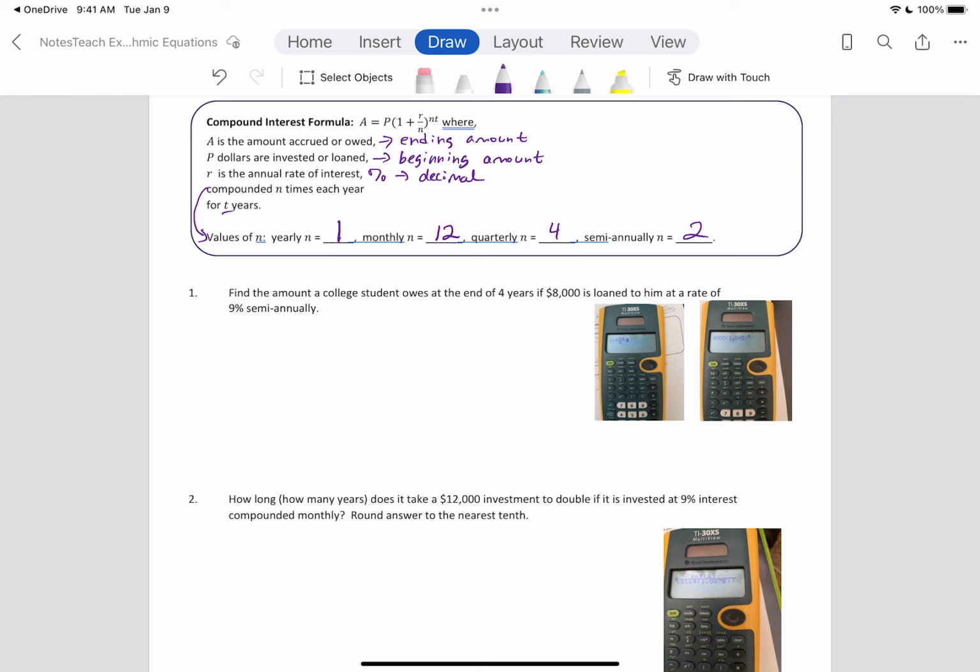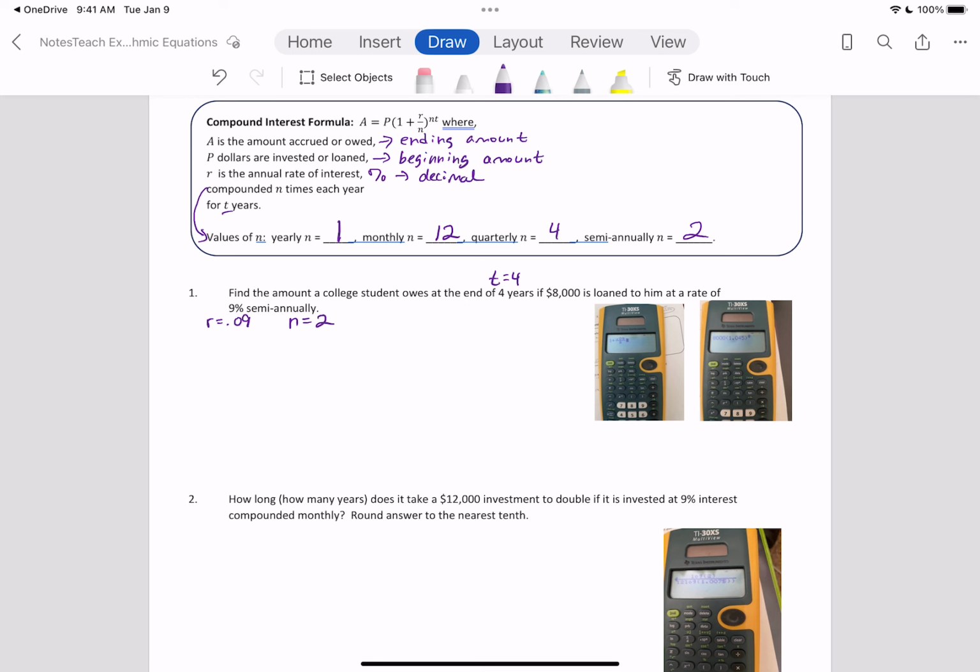So if we're going to find the amount a college student owes at the end of 4 years, I see here T is 4. If $8,000 is loaned to him at a rate of 9%, so if I change that to a decimal, my R is 0.09, and semi-annually means N is equal to 2.